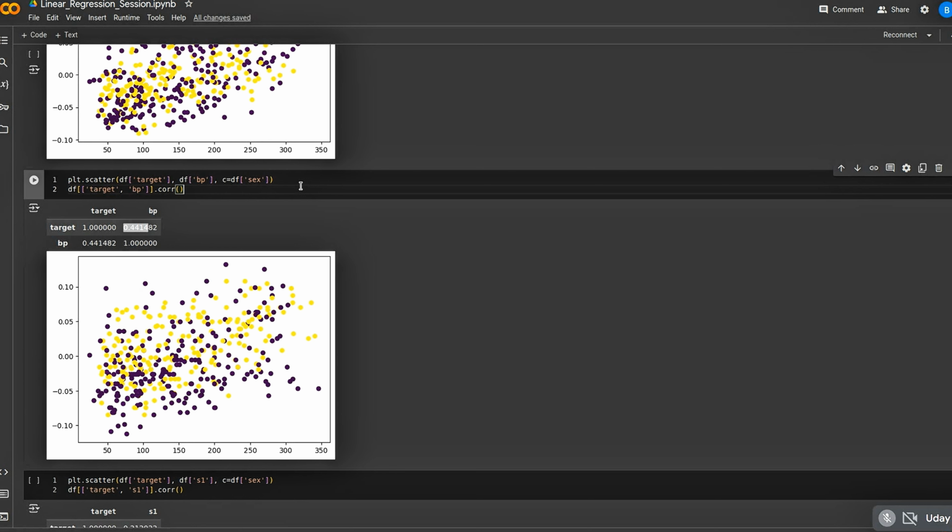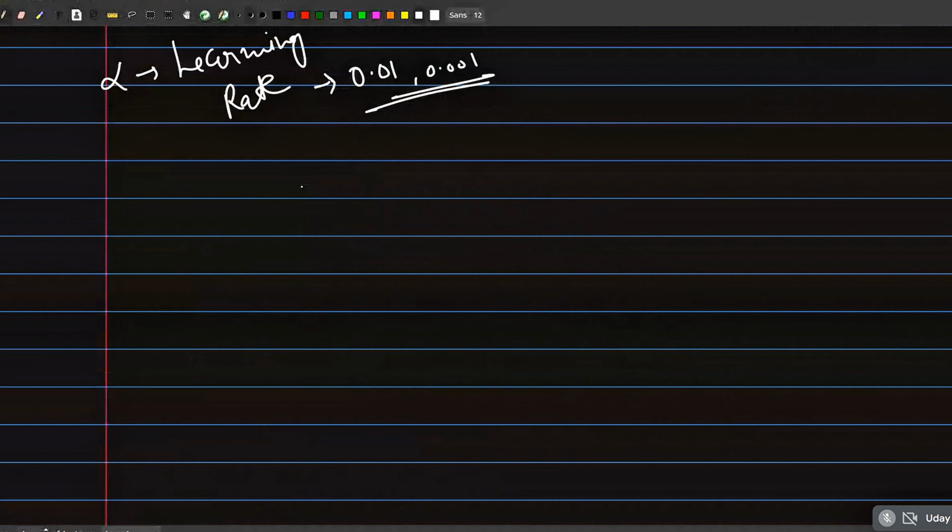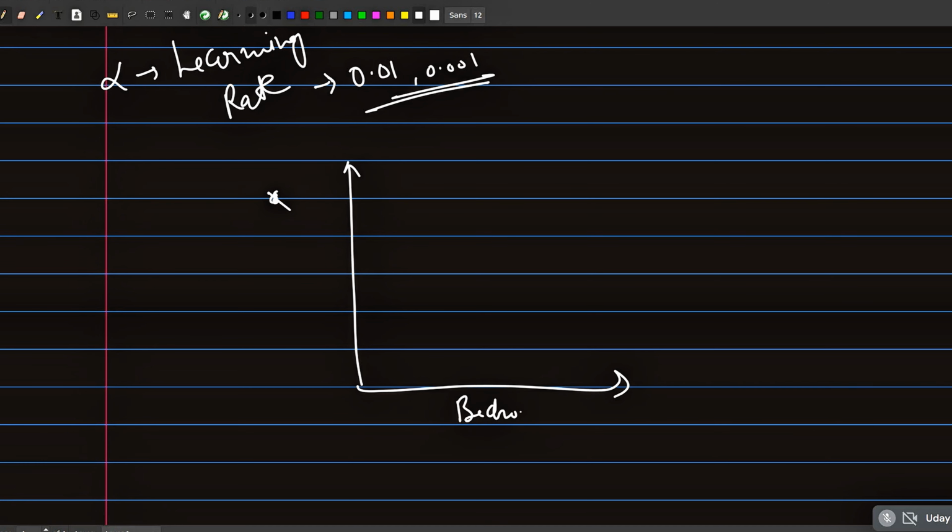Correlation, in simple words, I won't go into the mathematical definition, just for intuition. Let's say there are data points, like x and y in our case. Let's take a good example: the number of bedrooms and the price.